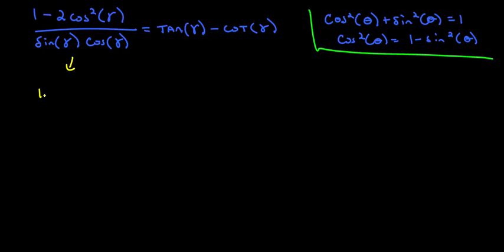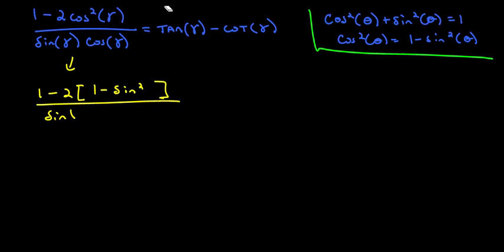So this is going to be 1 minus 2 times this mess, so 1 minus sine squared theta, and that's over, I used theta and I was supposed to use gamma. We'll stay consistent here. So sine gamma, cosine gamma.